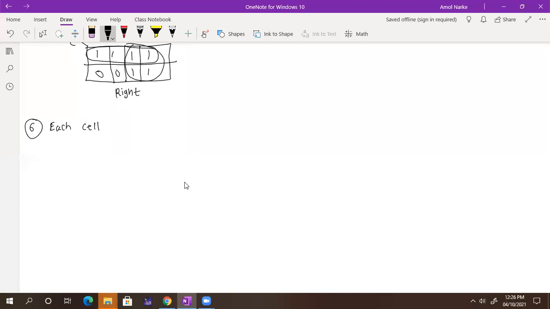Each cell containing ones must be in at least one group. So each cell containing ones must be in at least one group.